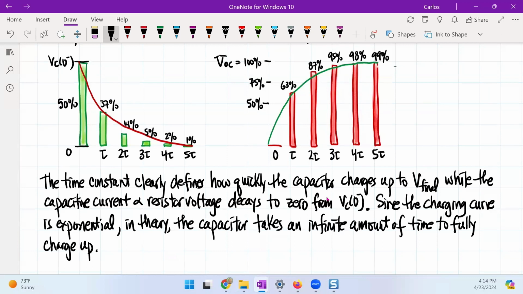Yeah, it takes an infinite amount of time to charge up, but look how close it is to fully charging. Therefore, it never reaches 100% of VOC.